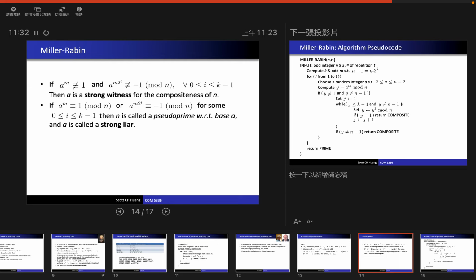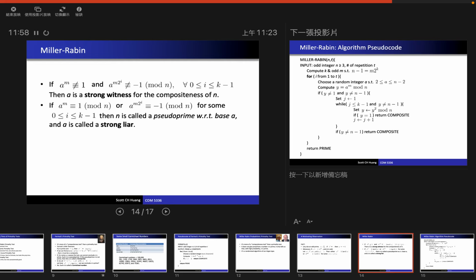This part, we don't have any plus or minus 1. And a to the m is not equal to 1. That means a to the m is something else. If you combine these two conditions, because this i goes from 0, this condition covers the case where a to the m is not equal to minus 1.